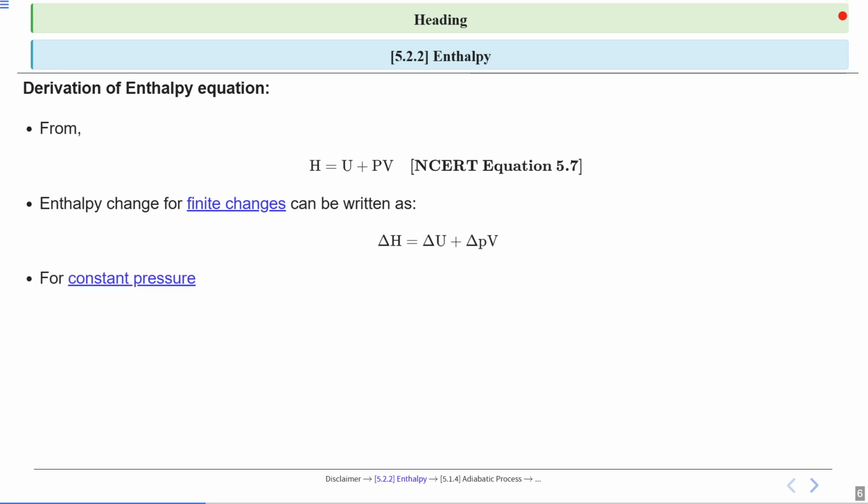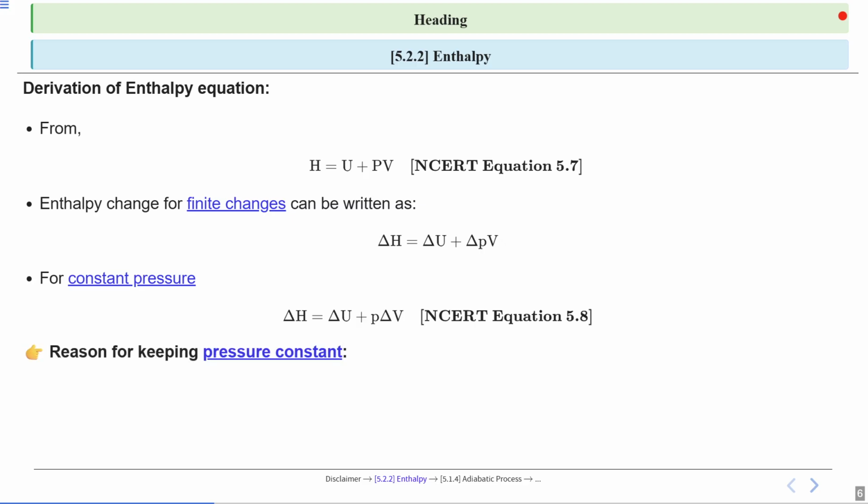Now, if I take the pressure constant here, then we can bring the pressure out of the delta box. Okay. So now the equation becomes delta H is equals to delta U plus P delta V. Now why are we pulling this P apart from the delta? Because pressure is taken as constant. Now what is the reason that we are keeping the pressure constant?